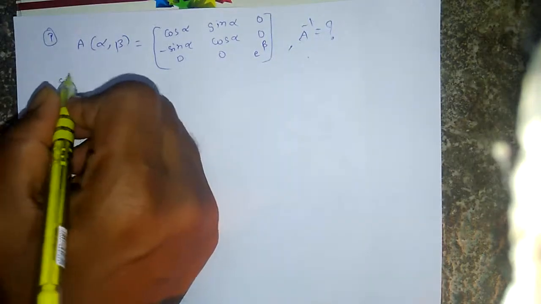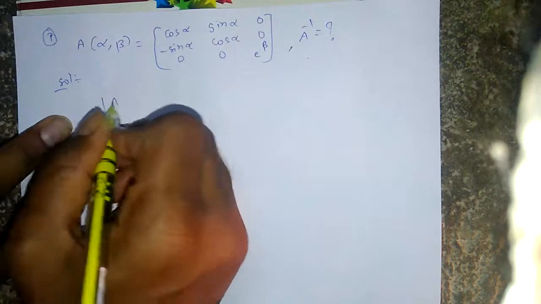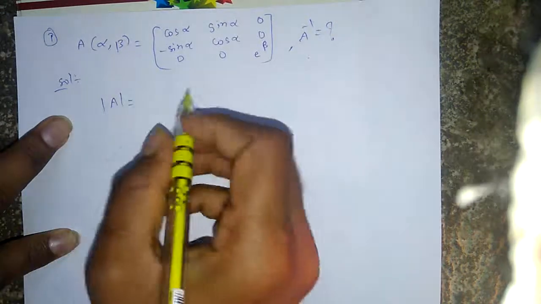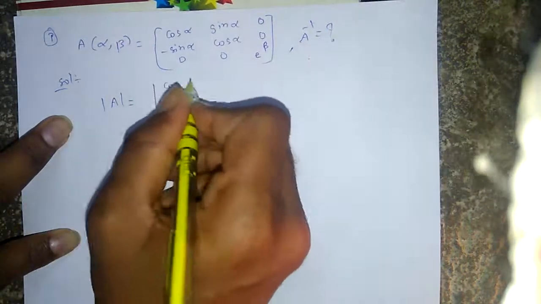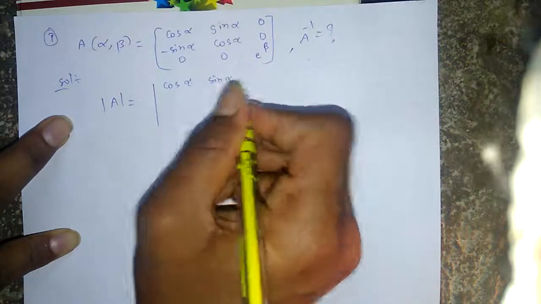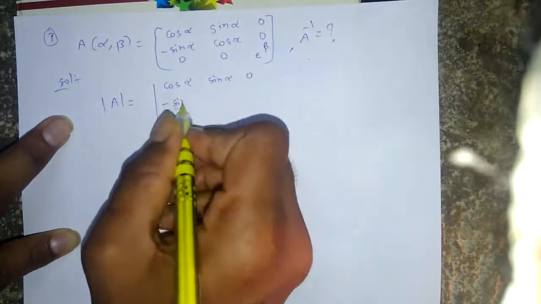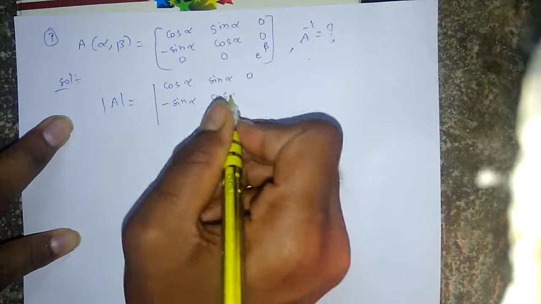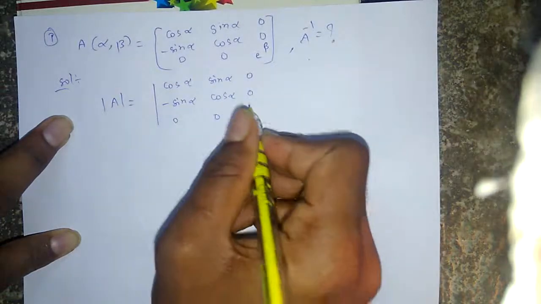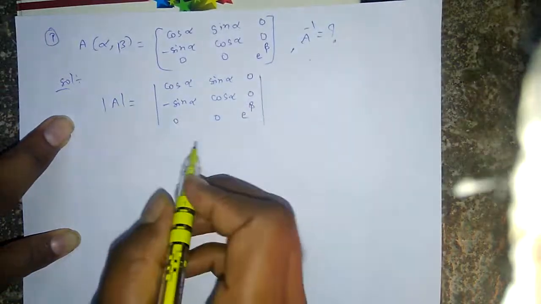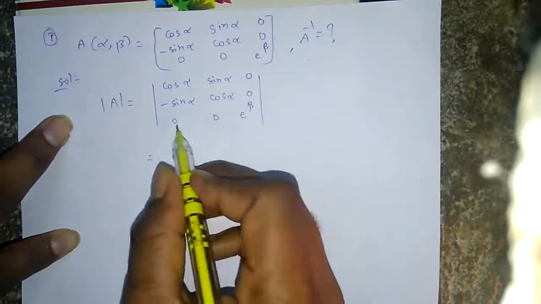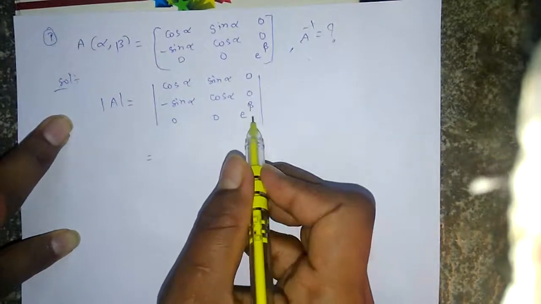So that is the next problem. To find A inverse, first let us find the determinant of A, that is the determinant of [cos alpha, sin alpha, 0; minus sin alpha, cos alpha, 0; 0, 0, e power beta]. Here you can expand along row 3 or column 3, it will be easy.